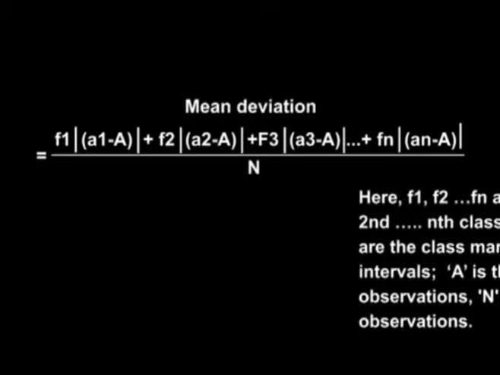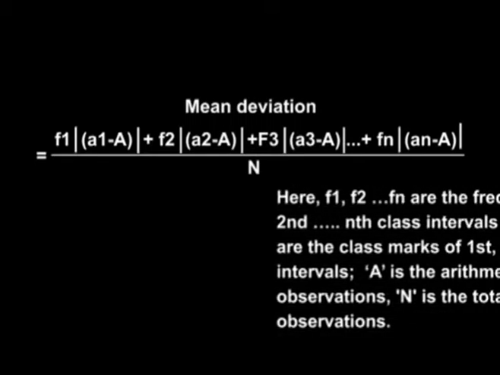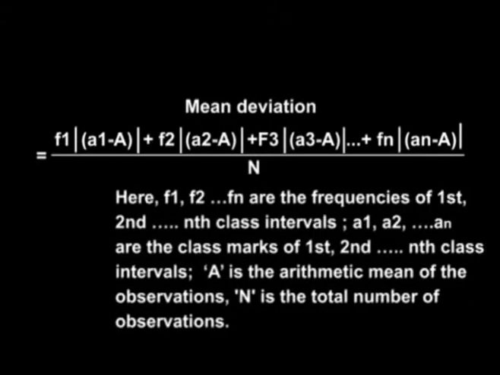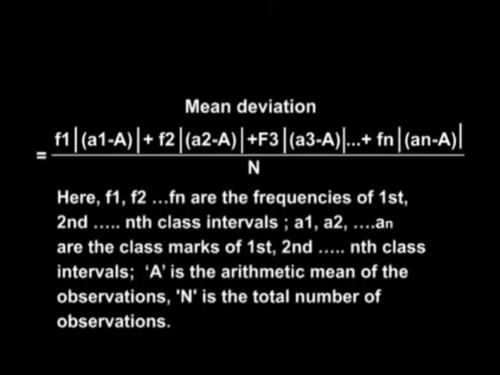Here, F1, F2 to Fn are the frequencies of the first, second, and nth class intervals. A1, A2 to An are the class marks of the first, second through nth class intervals. Capital A is the arithmetic mean of all observations, and capital N is the total number of observations.